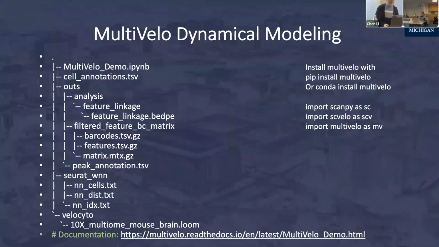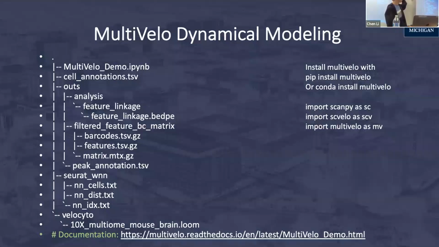There's only 5 minutes left. I will just explain the input data, and then you can check out the demo for a step-by-step usage tutorial. The major requirements are the output of 10x results. This includes the feature linkage that links the chromatin peaks to genes.